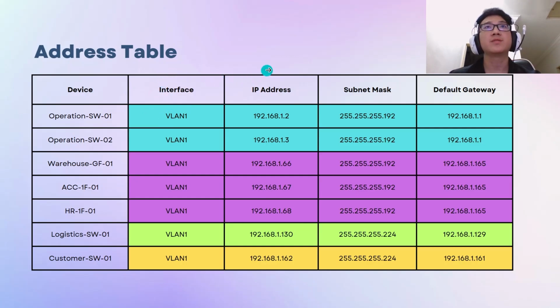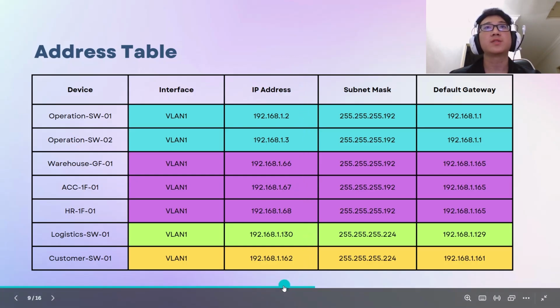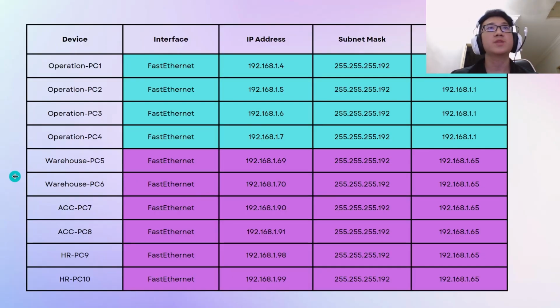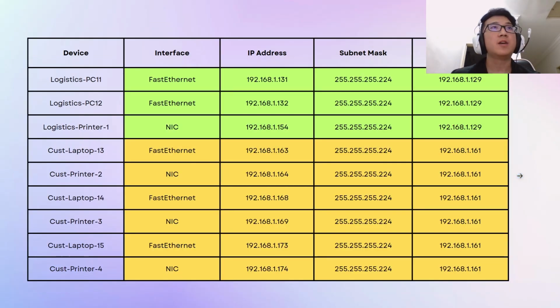For the IP address, we use the router IP address +1. The subnet mask and the default gateway are the same, and you can get them from the subnet table. Here we are using Fast Ethernet interface for the PC and laptop. However, for the printer, we are using the network interface card as the interface.